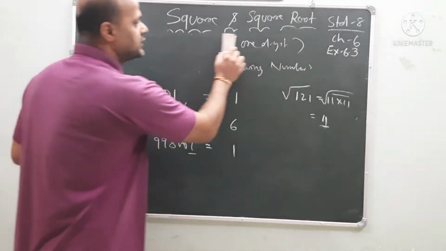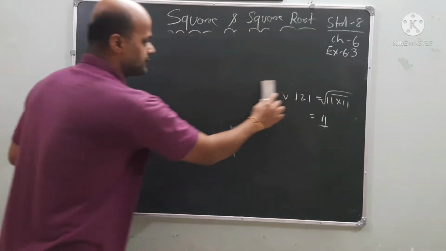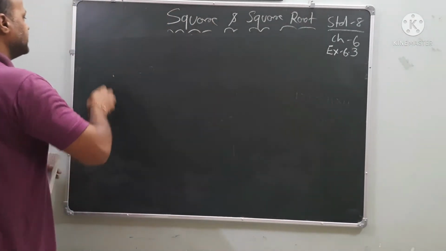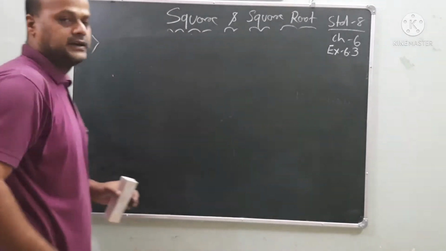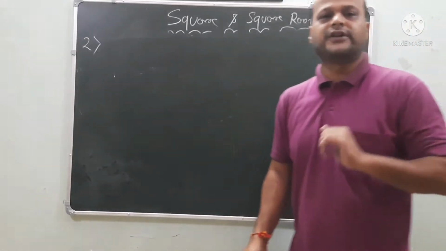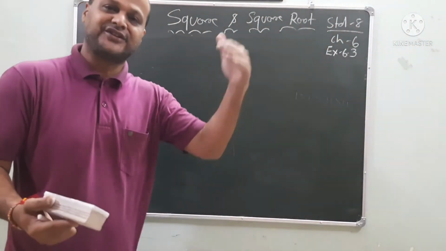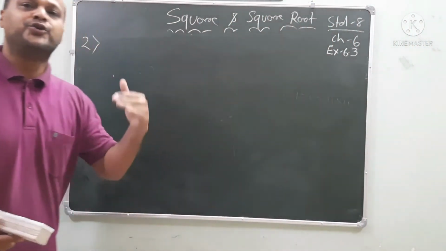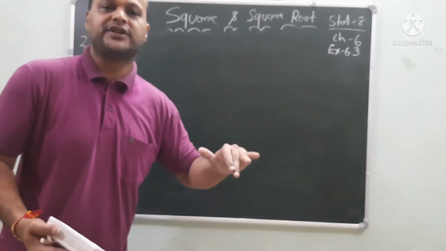The second question is saying which is not a perfect square number. It is the easiest one, because in the previous class we studied which one is a perfect square and which one is not.